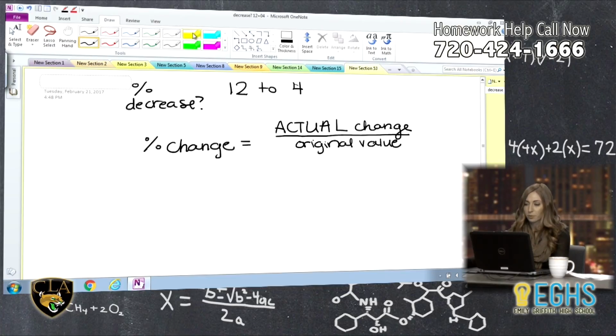Right now, it went from 12 to 4, so our original value would be 12. And then the actual change is how much it changed.